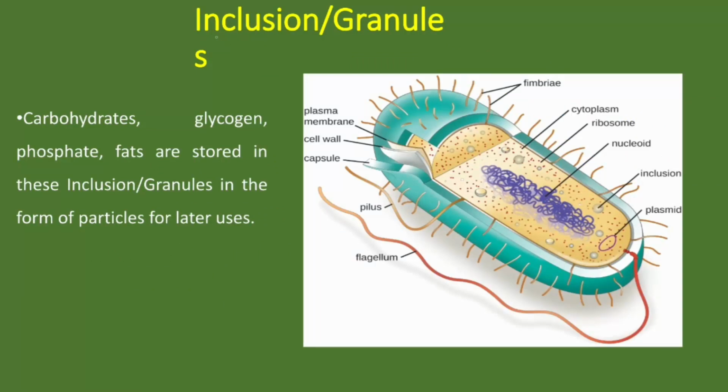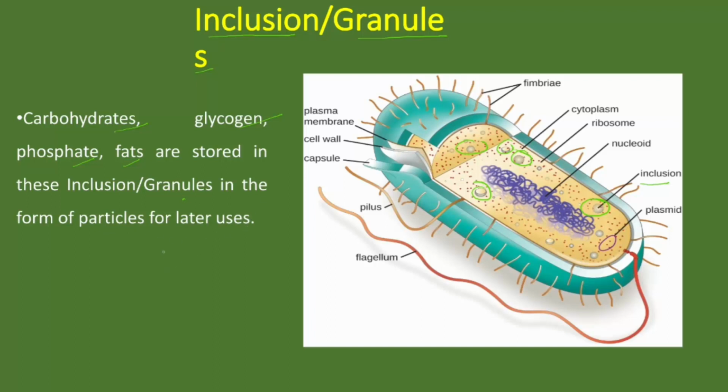Another point is the inclusions or the granules. Here you can see some structures in the form of granules. These are known as inclusions or granules. They are basically composed of carbohydrates, glycogen, phosphate and fat, stored in these inclusions or granules in the form of particles for later use.